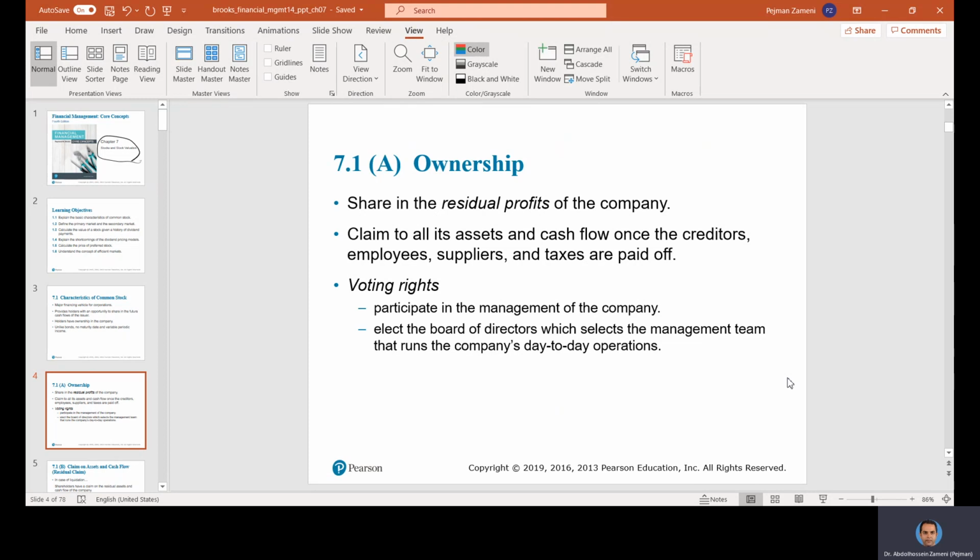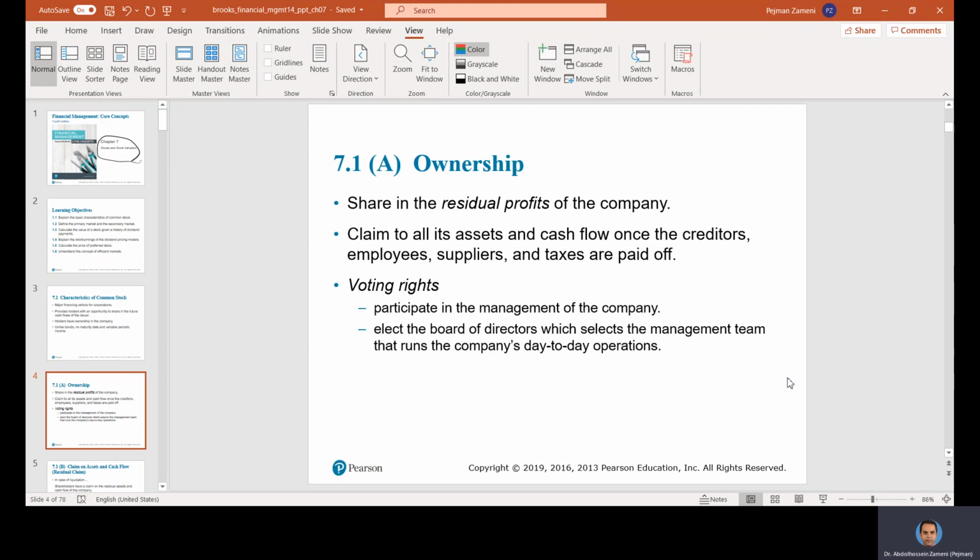It is the same story in times of liquidation or bankruptcy: creditors, employees, and suppliers are paid first. If anything remains, it goes to the shareholders. How about the voting rights? Shareholders participate in the management of the company.